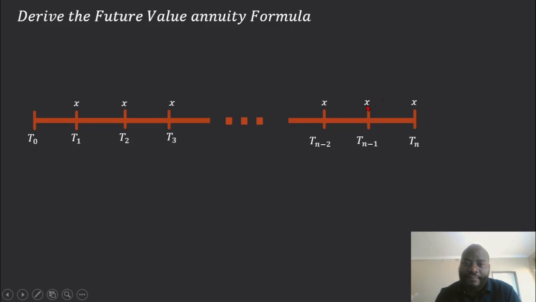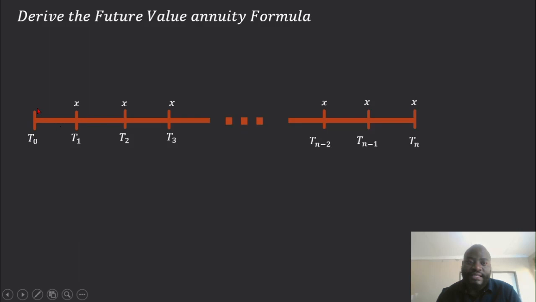So this one will not have moved or charged any interest. Now this one here will only bear interest for one period, from here to here, and this one will bear interest for two periods, from here to here. Now what I want you to see is that this very first payment, you would think is going to be in the account for n number of periods, but it is actually n minus 1.